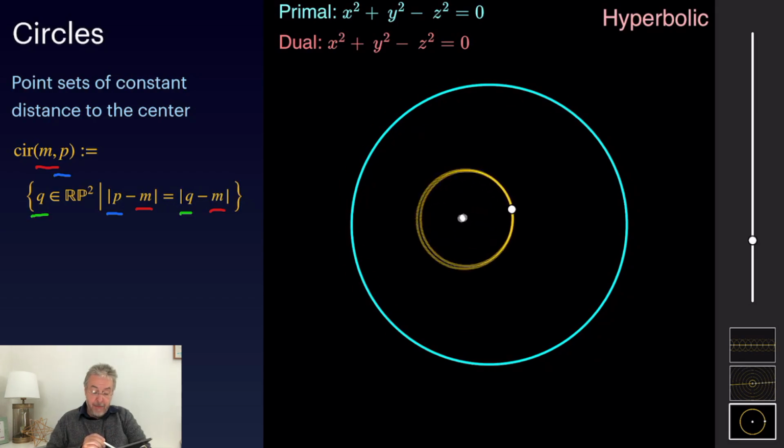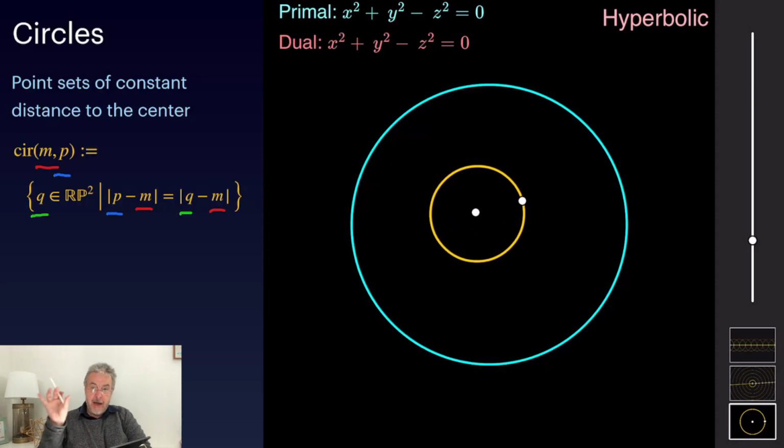You have a point M, which is the midpoint of the circle, and you have the perimeter point, which is, well, one point that defines how big the radius of your circle is. And so the radius is exactly the distance from here to here, and everything pretty much looks like a circle.